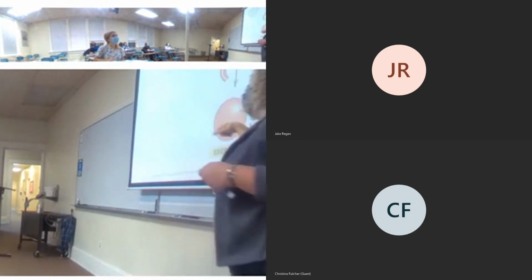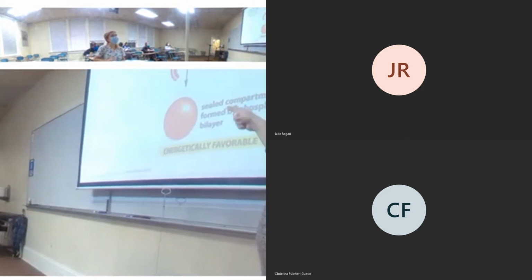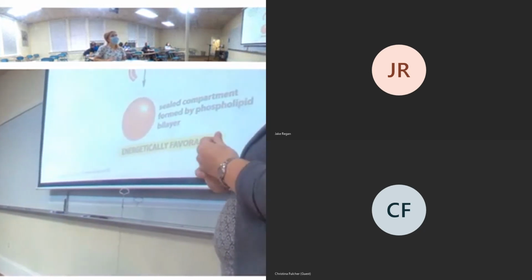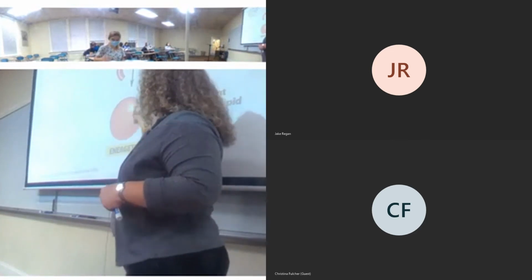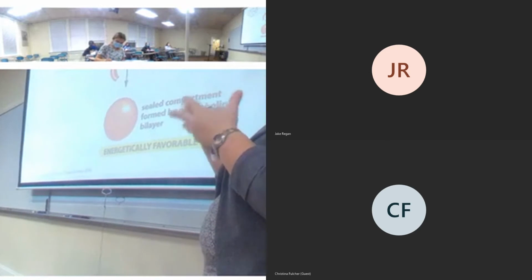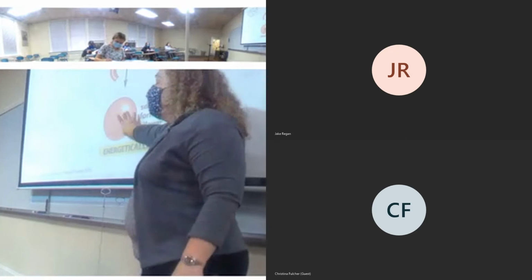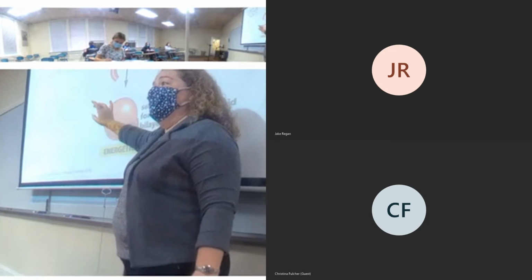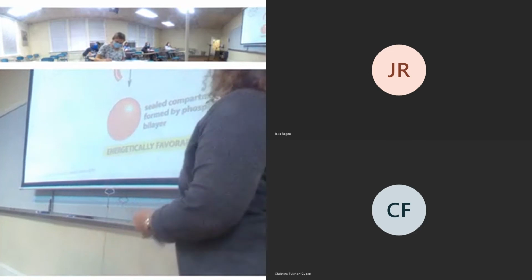So the chemical properties and the chemical behavior of those phospholipids give so many properties. This is the tendency for a collection of phospholipids to do, is to form either a small vesicle or a micelle or a whole plasma membrane around the cell.